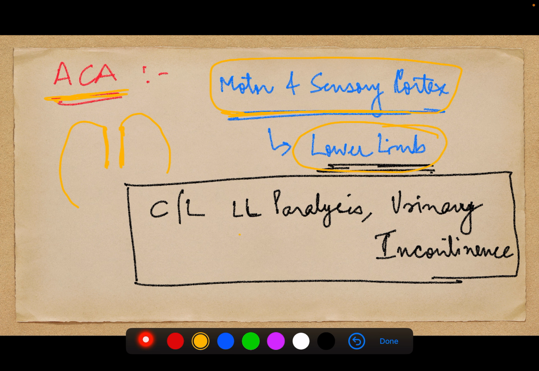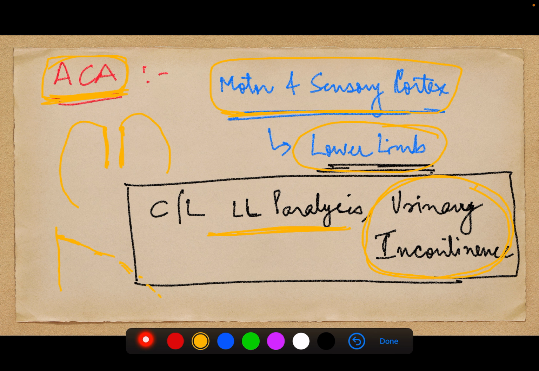So there will be lower limb paralysis, and the person might also suffer from urinary incontinence. It's very easy to remember, a kind of mnemonic: the person who suffers from an anterior cerebral artery lesion is not able to pee anteriorly, meaning the stream of urine won't fall anteriorly, right?